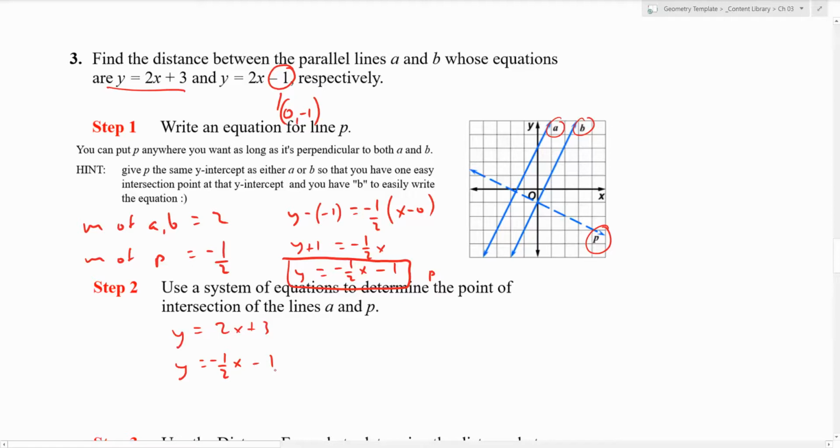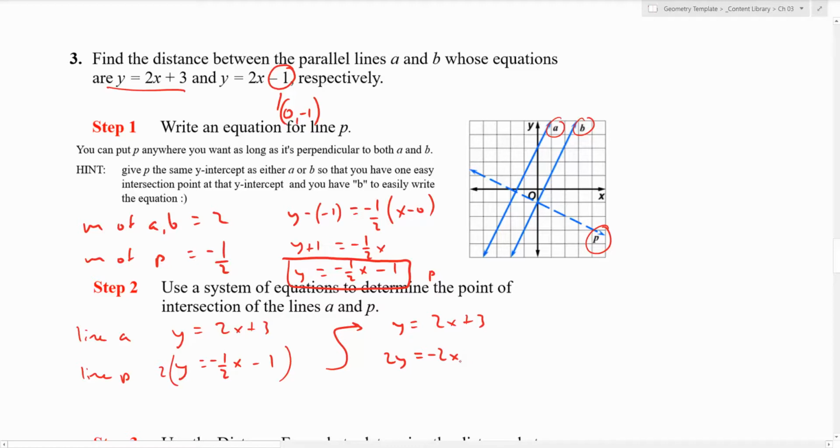We're going to use the elimination method again, but first we're going to multiply this equation by 2. So this is line A, this is line P, right? I'm going to multiply this guy by 2. And now we have y equals 2x plus 3, and we have 2y equals negative 2x.